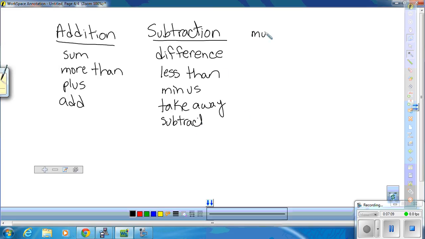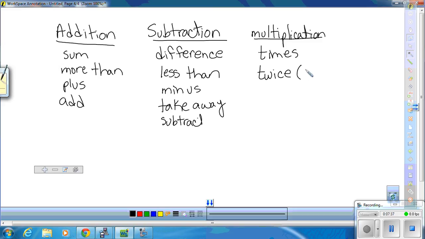Multiplication. So when you're dealing with multiplication, words that might pop up to mean multiplication: times, 3 times as many. Twice. Now there's a word, twice. You know, he sold twice as many of something.